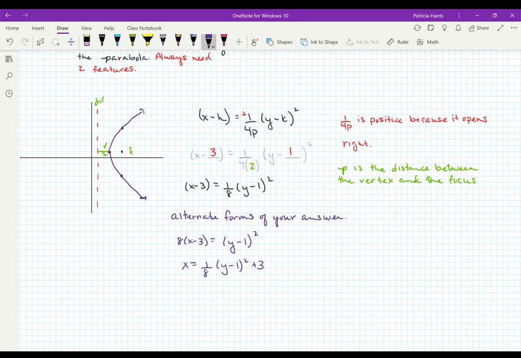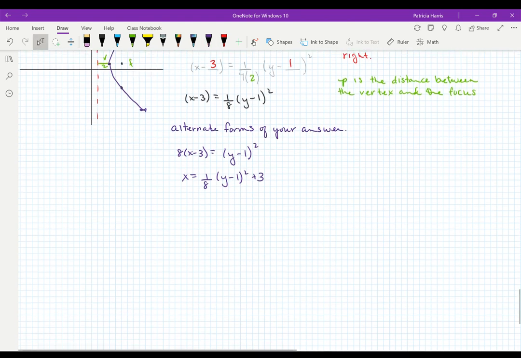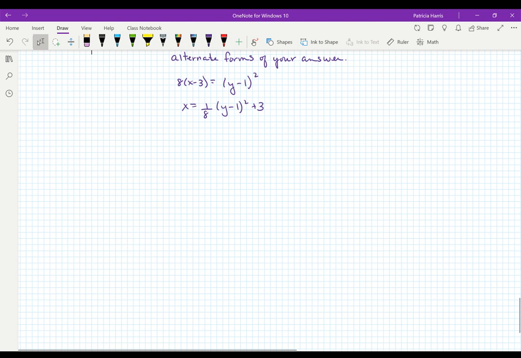My favorite type of problem is when they tell you where certain things are. So we're going to start out with, I'm going to tell you where the focus is, and then I'm going to tell you where the vertex is.